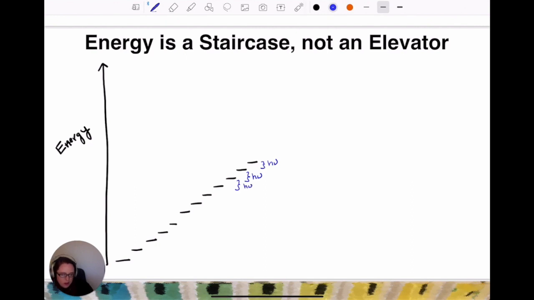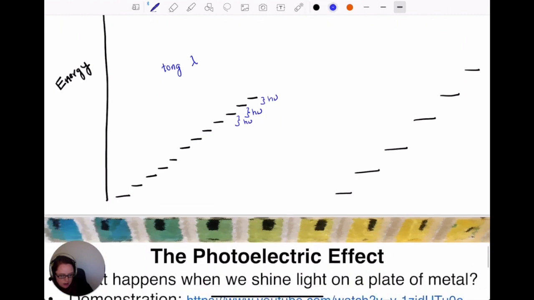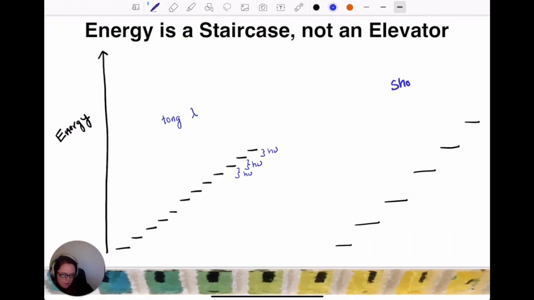Okay. So if you have a really high, really large frequency, the gaps are going to get bigger. If you have a really long wavelength, low frequency, the gaps are going to get smaller. So here we'd have a long lambda, and then for shorter wavelengths, those gaps get bigger. Okay.